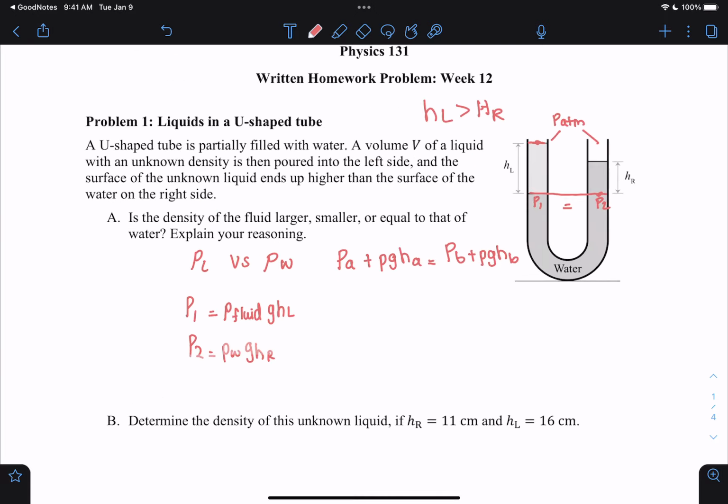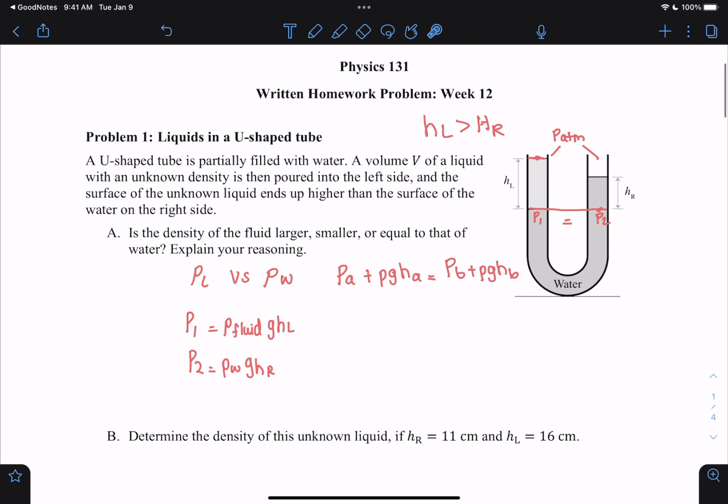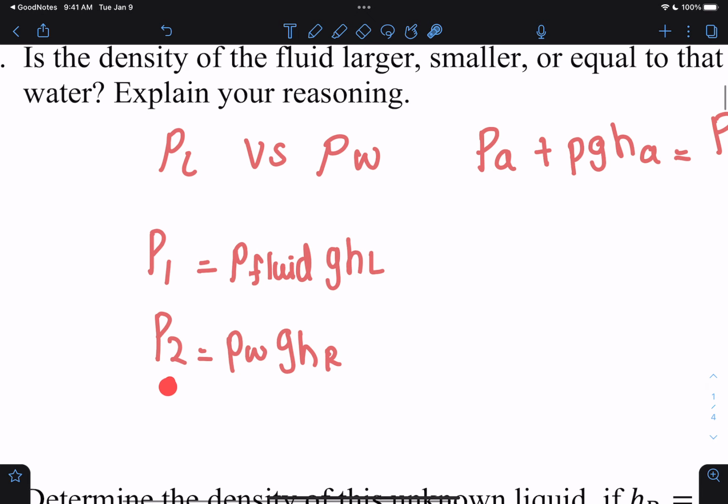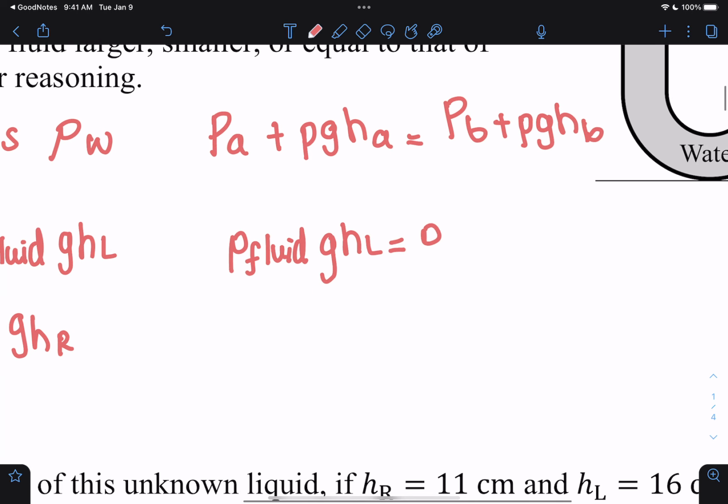Now, if we're assuming that these two pressures are equal since they're at the same height, then if we set these equal to each other, P1 equals P2, the density of the fluid times gHL should be equal to the density of the water times gHR.